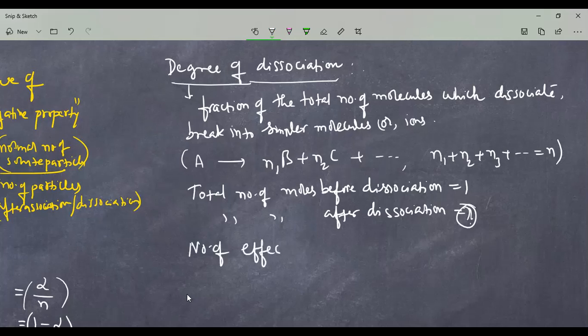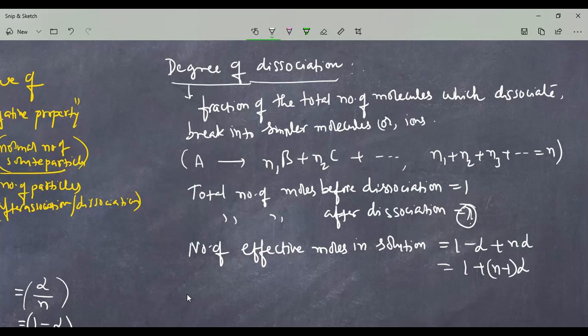The number of effective moles in solution is equal to, as we know, after dissociation, 1 minus alpha plus n alpha, that is equal to 1 plus (n minus 1) alpha. So I will write this one clearly: equals 1 plus (n minus 1) alpha.